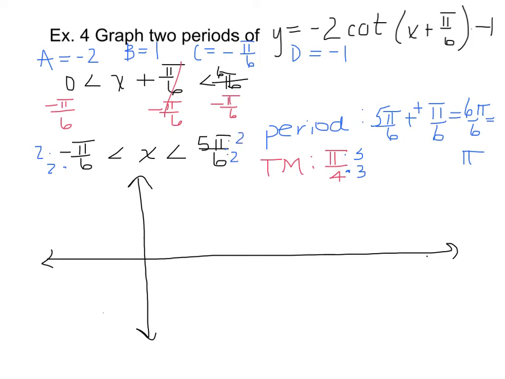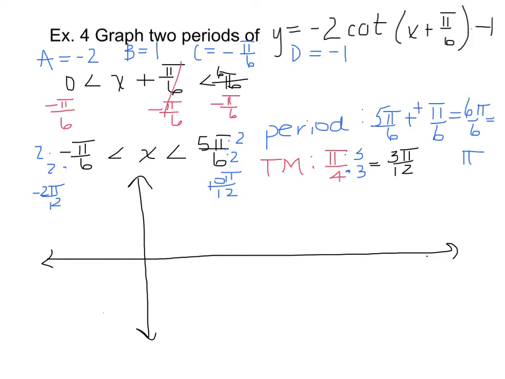So I have negative 2 pi over 12 and 10 pi over 12. And this is 3 pi over 12. That's what we're adding each time.